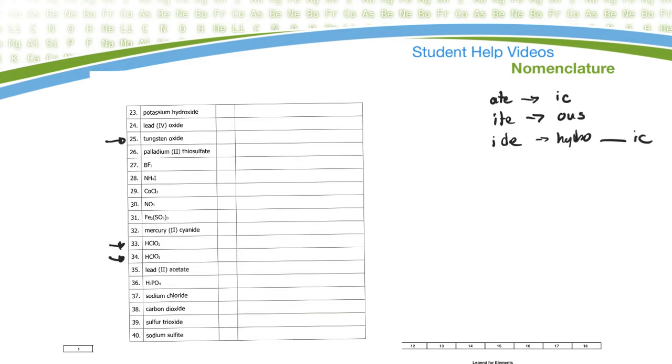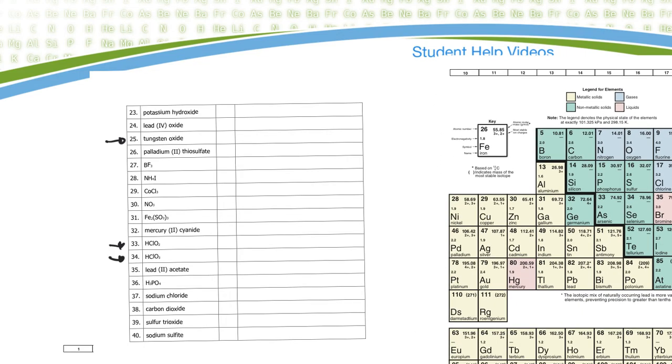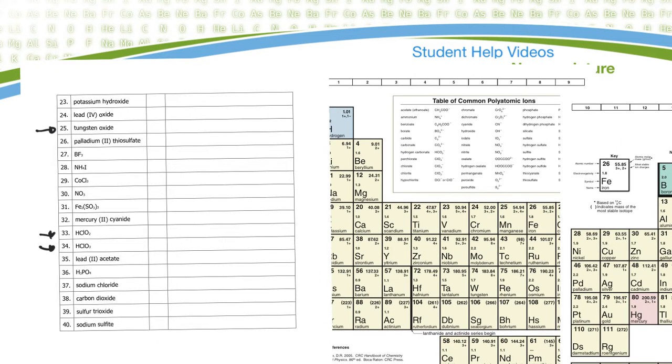A couple other ones, tungsten oxide. So I have to look for tungsten. I think it's W. Where's tungsten? Things are on top of each other there. There's tungsten right there, and it has a 6 plus charge.